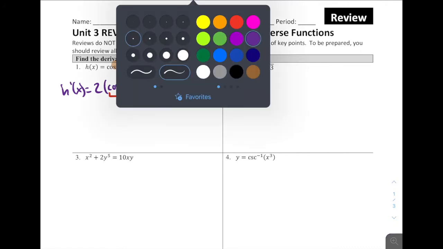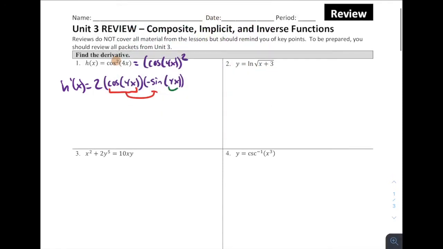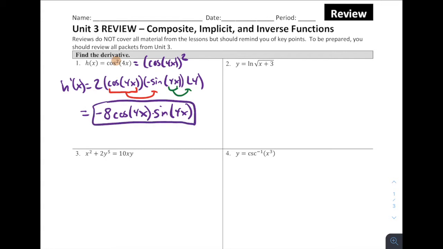And then I'm going to now multiply by the derivative of just the 4x piece, which is going to be 4. And so altogether, this is going to be equal to negative 8 cosine of 4x times sine of 4x as our answer for this first problem. And so that is our h prime, our derivative function for this.